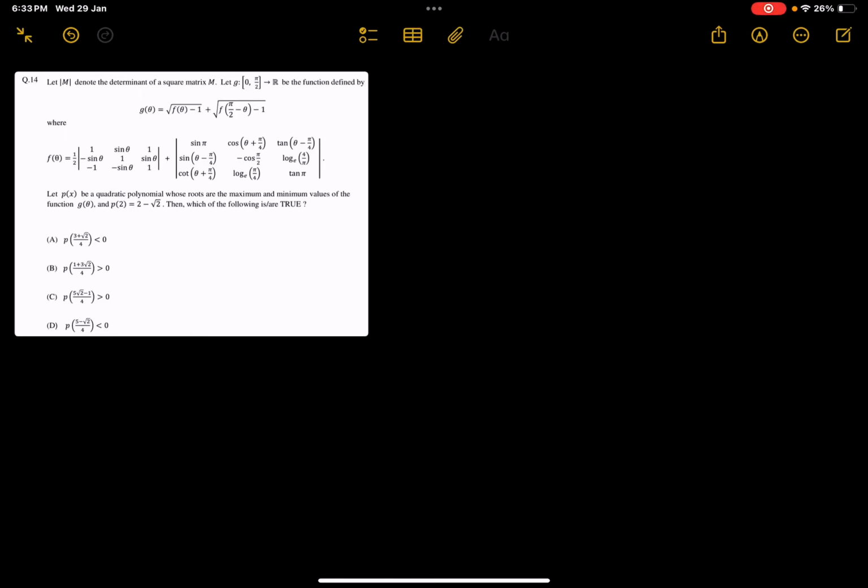Here we will start by trying to simplify f theta. We are given this is half times the determinant of sine theta.